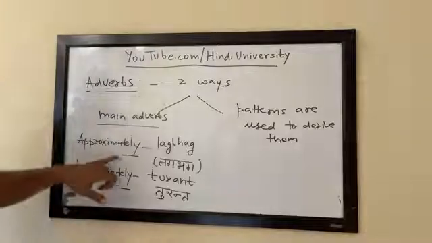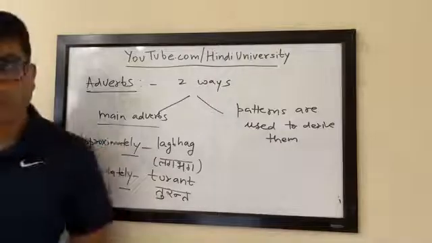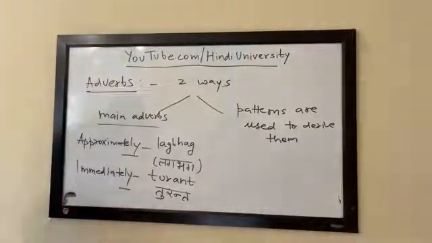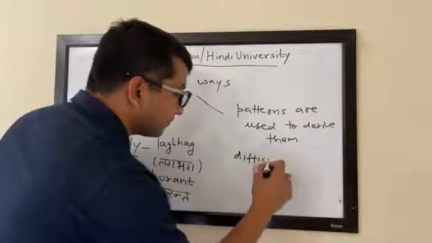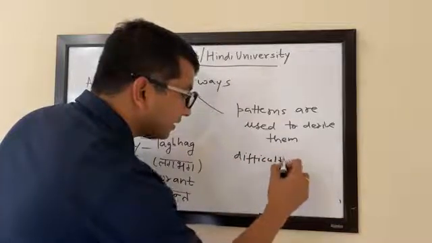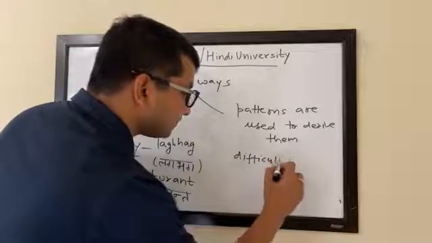So you will see that they're ending with ly, but you will end up using other parts of speech. What are the examples? Such as difficulty, right? Difficult, right? So difficulty is one of them.